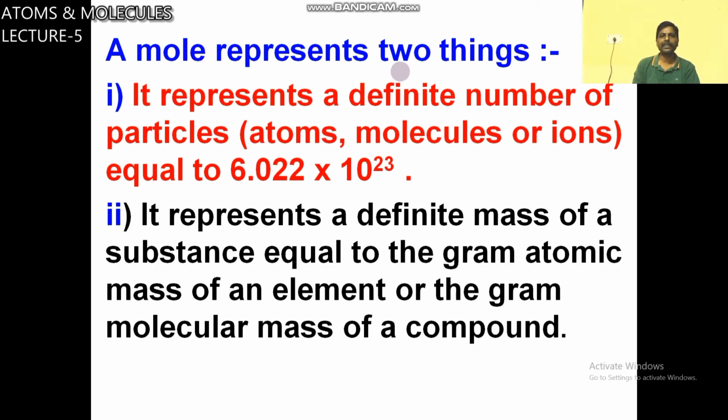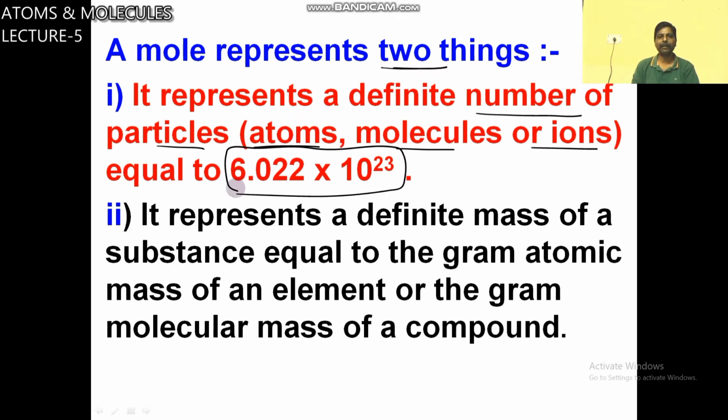A mole represents two things. It represents a definite number of particles, that means atoms or molecules or ions, equal to this number. If the number of atoms is equal to this number, it is called 1 mole. If 6.022 into 10 to the power of 23 carbon atoms are there, that is 1 mole of carbon. 6.022 into 10 to the power of 23 sodium atoms is 1 mole of sodium.